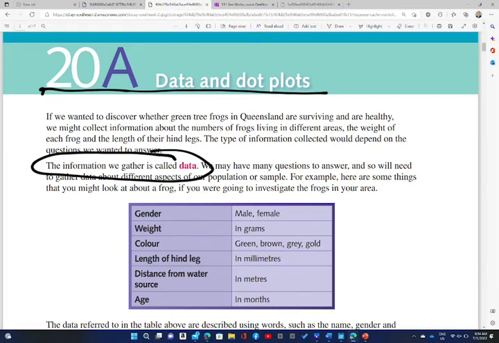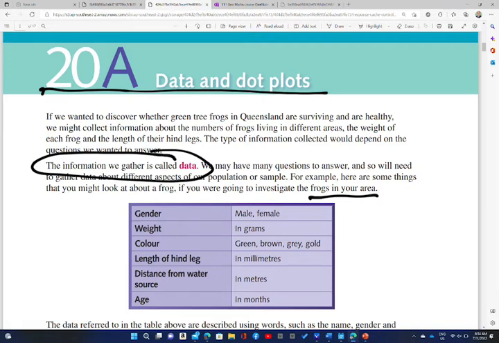So you look here in the purple box, they've got a little survey there. They've gathered gender, weight, color, etc. for some dogs, or actually some frogs. Sorry, frogs. All of these different categories of data were collected. You'll see that some of the data looks a little different.